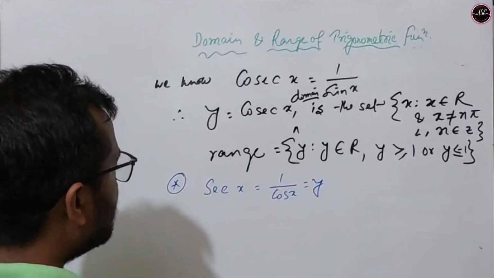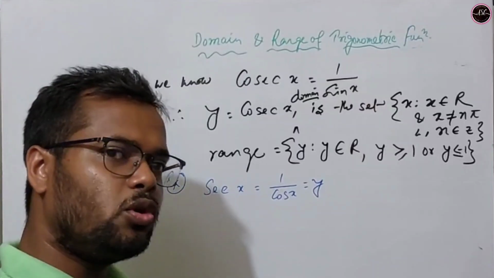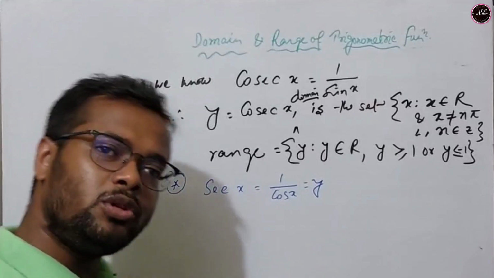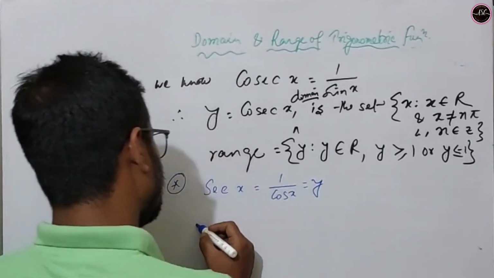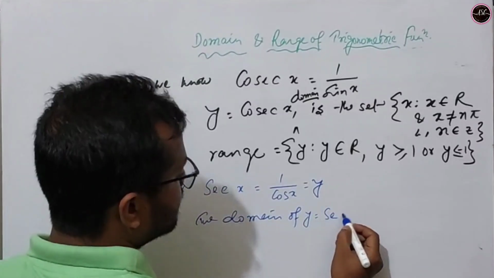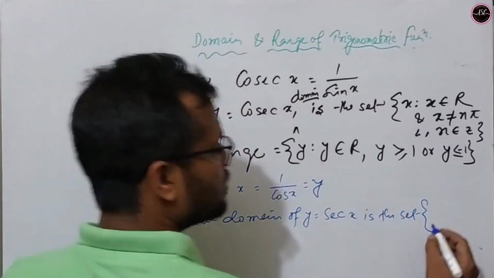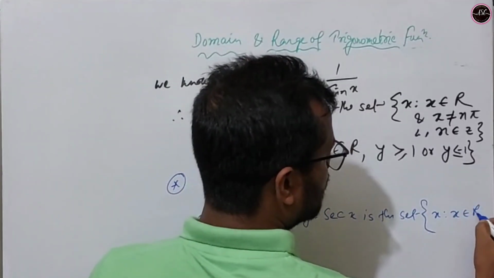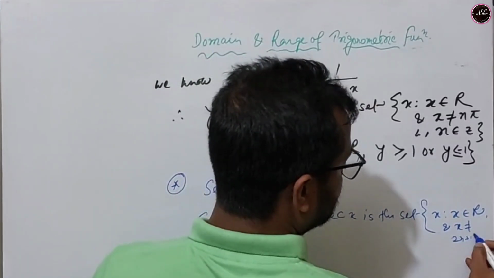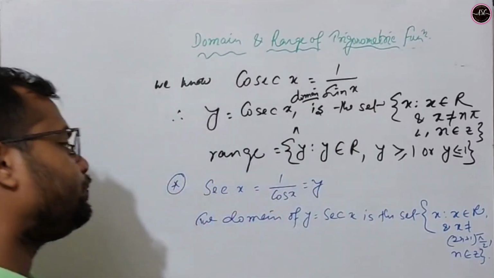Sec x is defined for all x that belong to R but not equal to (2n plus 1) into pi by 2, where n belongs to Z. So the domain of y, that means sec x, is the set of x such that x belongs to R and x is not equal to (2n plus 1) pi by 2, n is an integer.